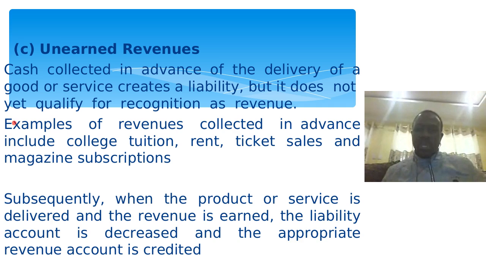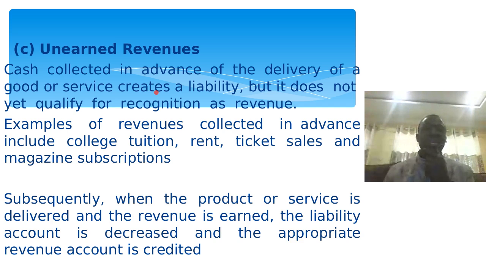It is simply the cash collected in advance of the delivery of a good or service, and it creates a liability. If somebody comes and pays you a given amount of money and you have not supplied the items, it means that you have his or her debt.